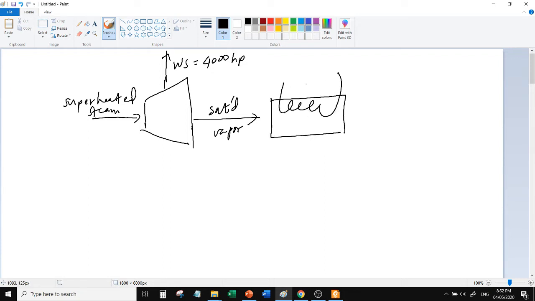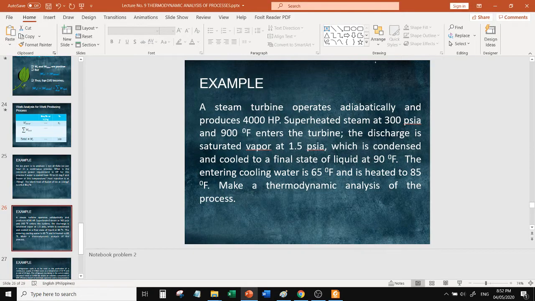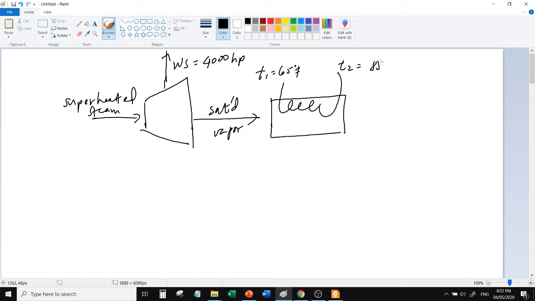So, sa condenser, merong cooling water na 65 degrees Fahrenheit. Paglabas ay 85 degrees Fahrenheit. And then, paglabas ng condenser ay saturated liquid.